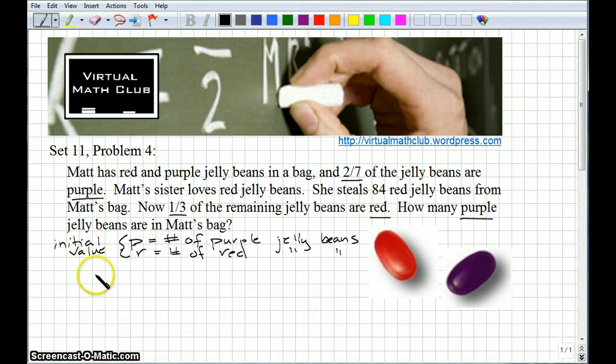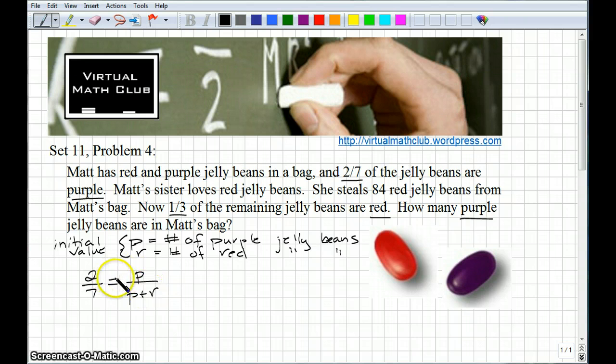We're told that 2/7 of the jelly beans are purple. So if we knew the number of purple jelly beans, we're calling it P, but we'll use it like a number, we would put P over the total jelly beans, which is P plus R. That would be equal to 2/7 once we reduce that fraction.